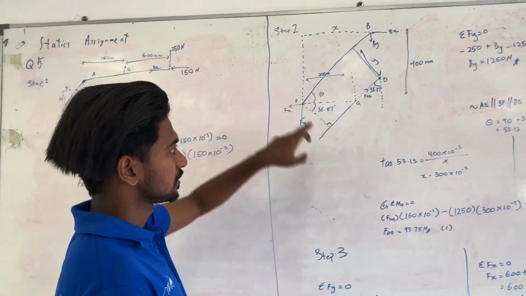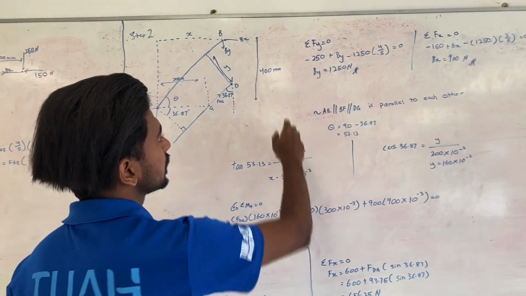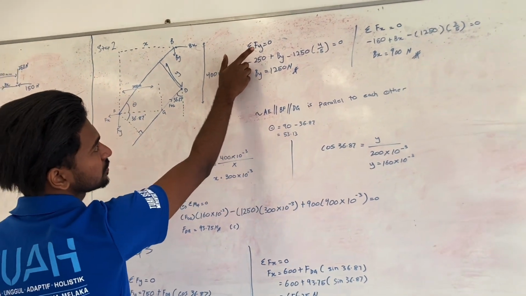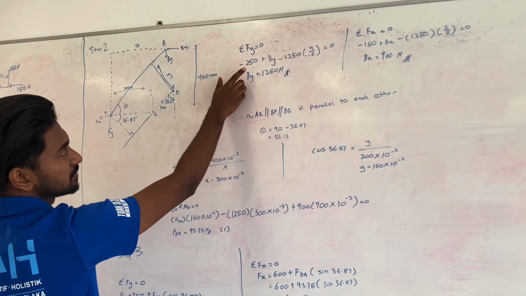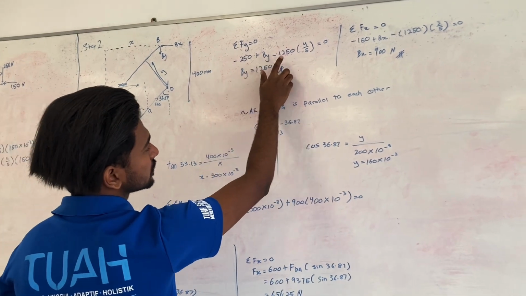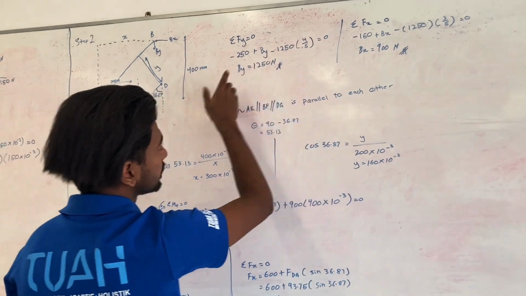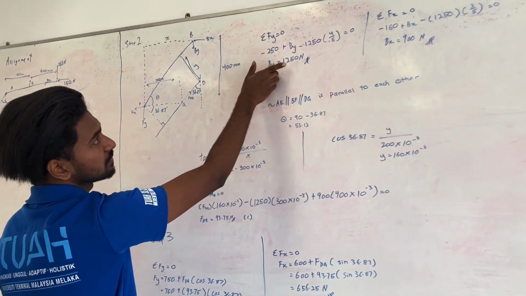For step 2 is a figure diagram. For summation of forces on y-axis equals 0, minus 250 plus By minus 1250 bracket 405 equals 0, and By we got 1250 Newton.